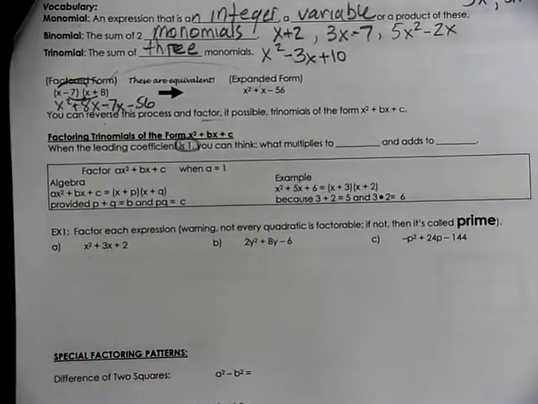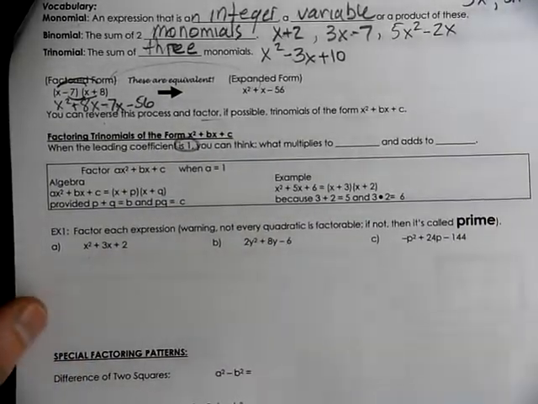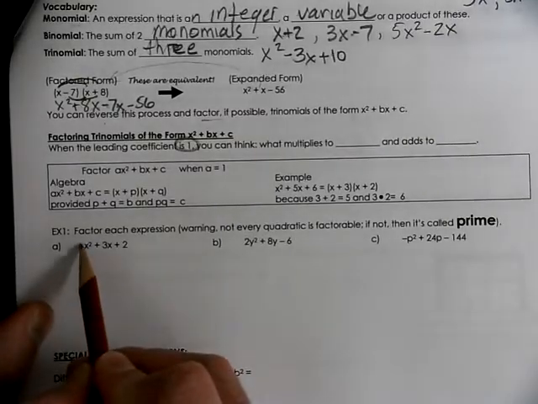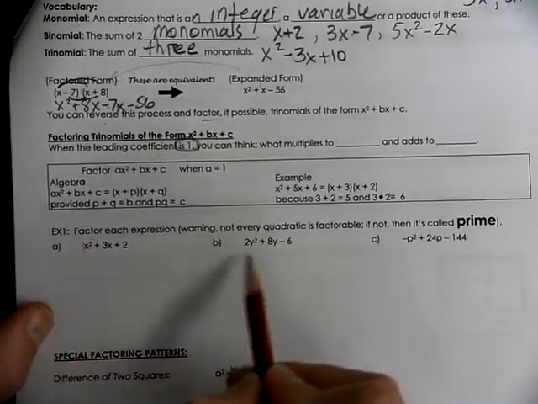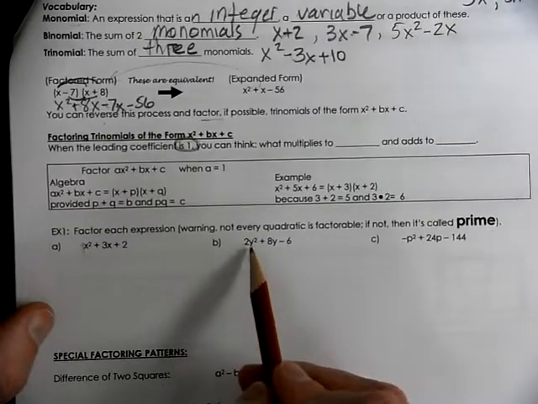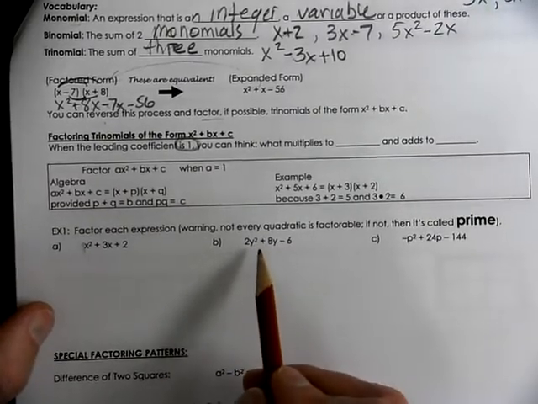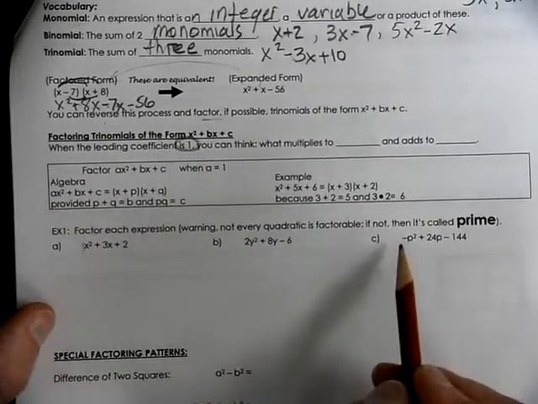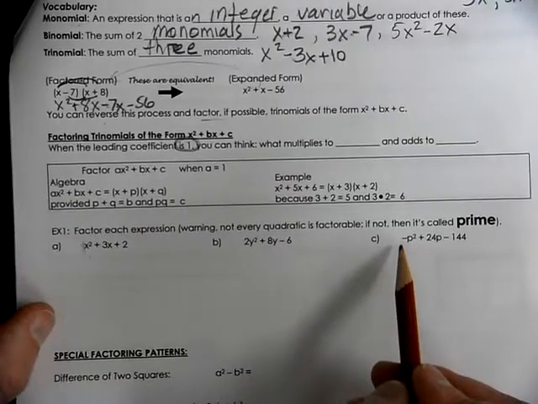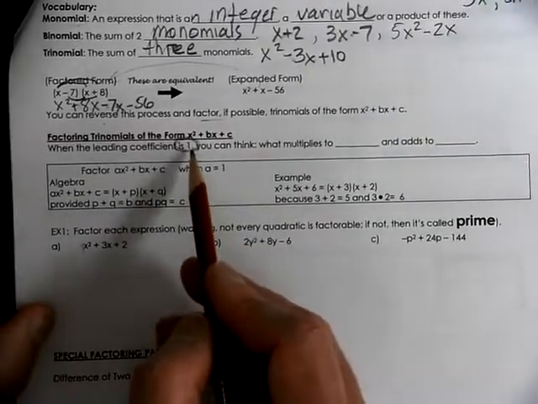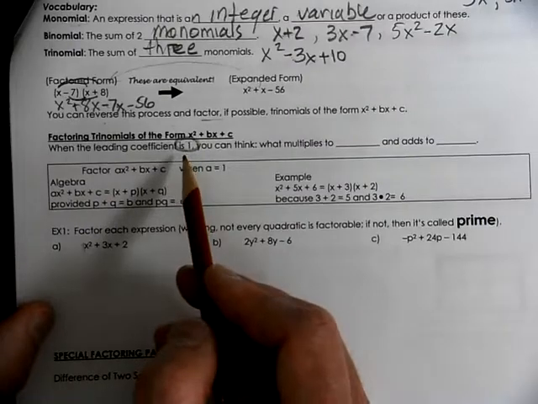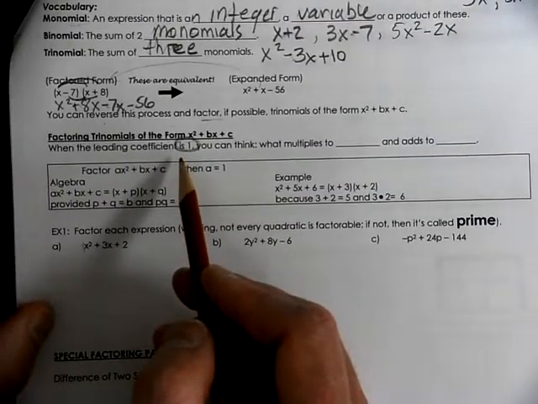Right now we're going to look at coefficients as being a 1. This front number in front of the x squared is always a 1. You might say, but that's not a 1, but we'll talk about it. So we're looking to have that be a 1. Those are the easiest ones to do.